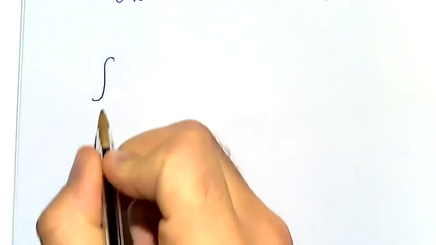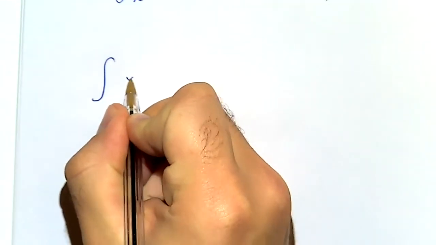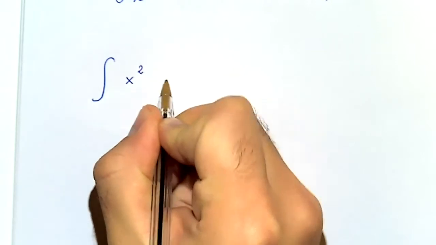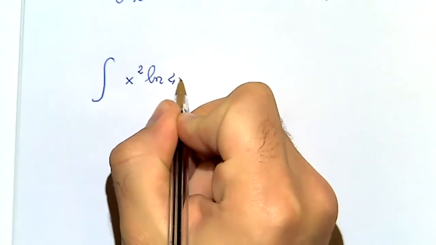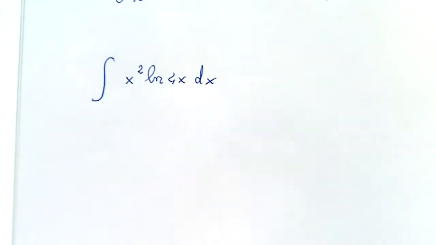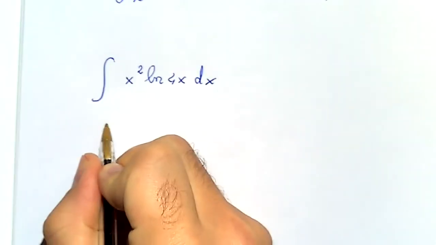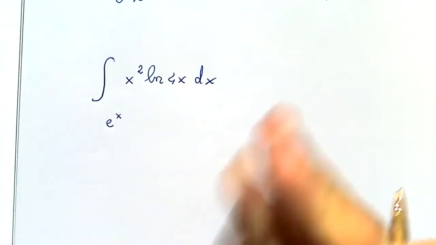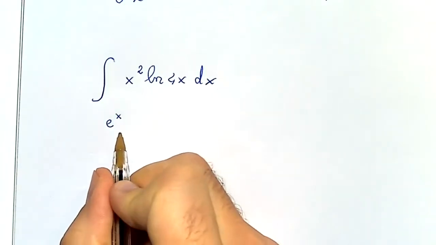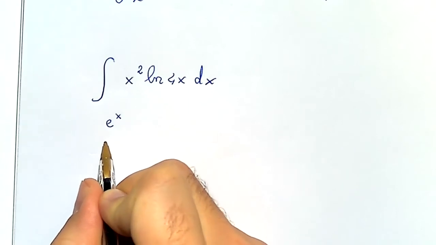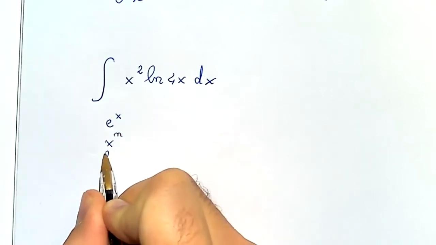Let's do the integral of x squared log of 4x dx. And you might say, hey, we kind of did another log already. The idea is that this method is extremely used with exponentials, powers, and logs.